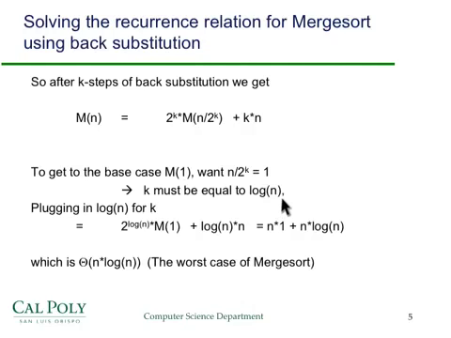you see that k must be equal to log of n. So now if we plug log n into that formula for k, remember the point here is to get us down to the base case of m of 1. So we've got log n steps. You get 2 to the log of n times m of 1 plus k, which is log of n, times n.